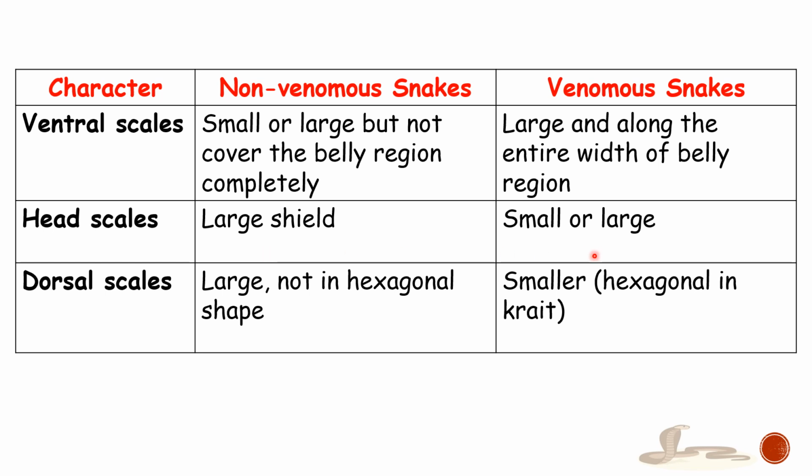In venomous snakes they are small or it might be large. In dorsal scales, in non-venomous snakes they are large, not hexagonal. But in venomous snakes they are smaller, especially hexagonal in krait, which is a completely venomous snake. So this is the summary, and this is how we can identify poisonous snakes.